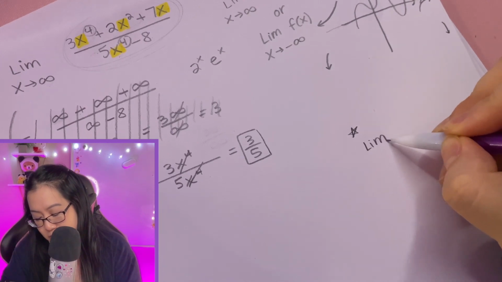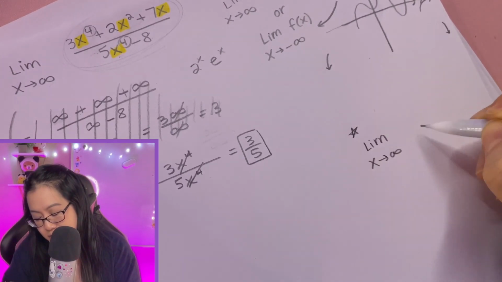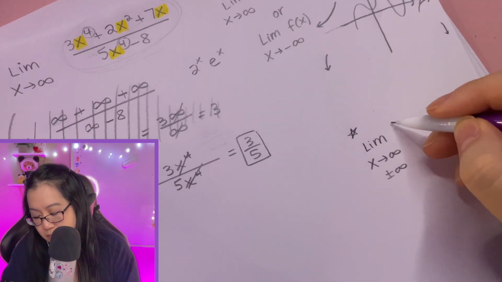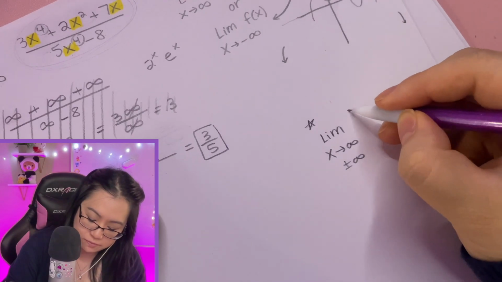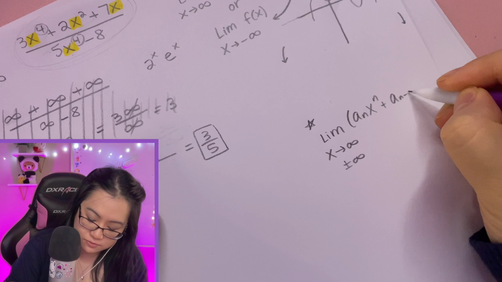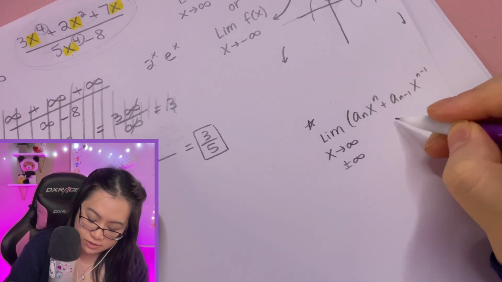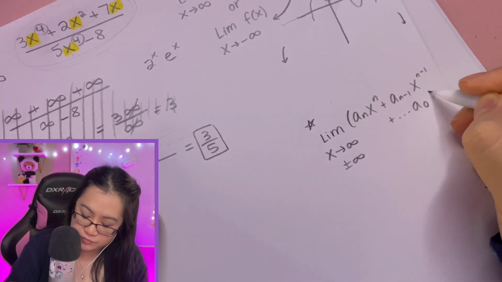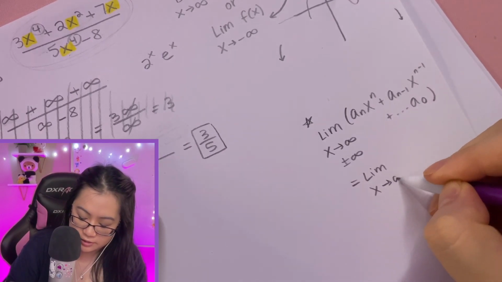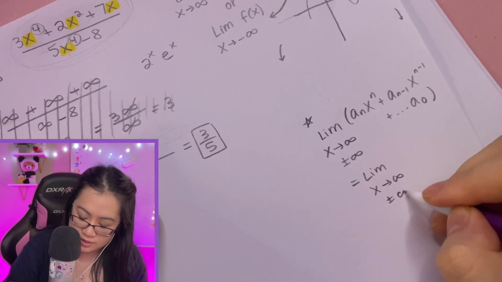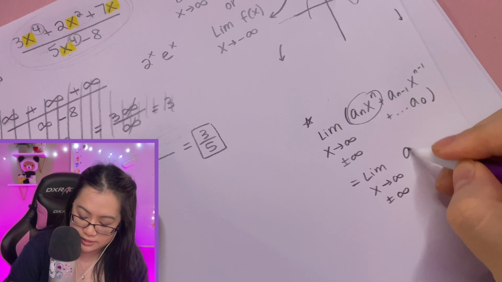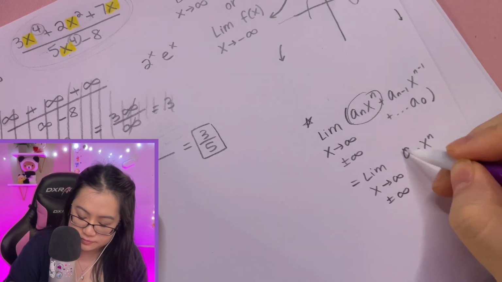For polynomials, the limit as x approaches infinity or negative infinity of a polynomial which has the form a_n x to the n plus a_(n-1) x to the n minus 1 plus ... plus a_0 is going to equal the limit as x approaches infinity or negative infinity of just this highest degree term, a_n x to the n.